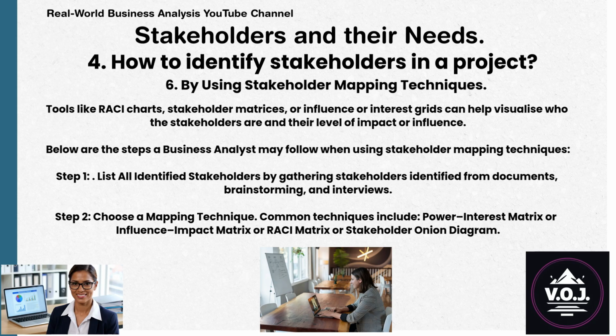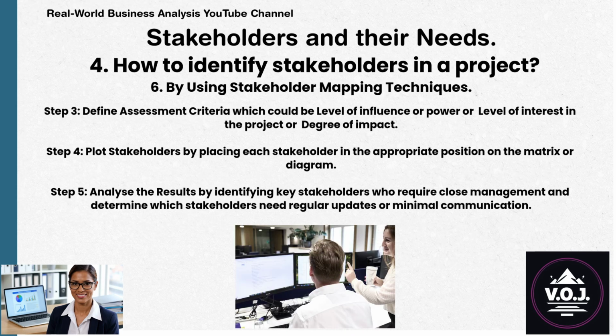Step 2. Choose a mapping technique. Common techniques include power-interest matrix, or influence-impact matrix, or RACI matrix or stakeholder onion diagram. Step 3. Define assessment criteria, which could be level of influence or power, or level of interest in the project or degree of impact.